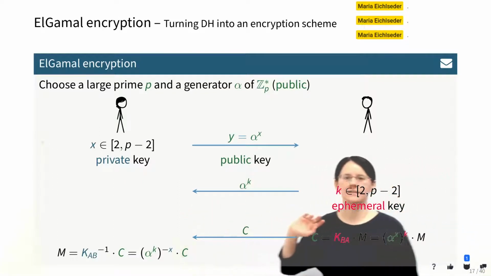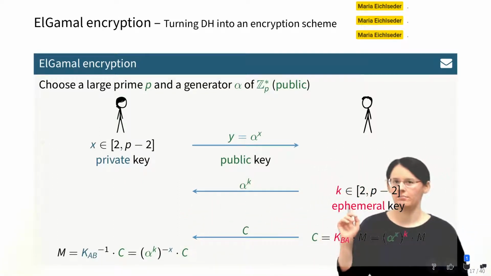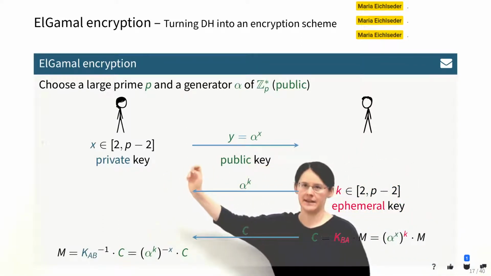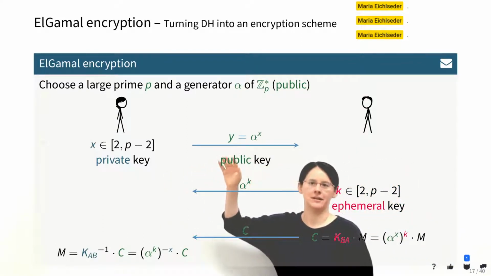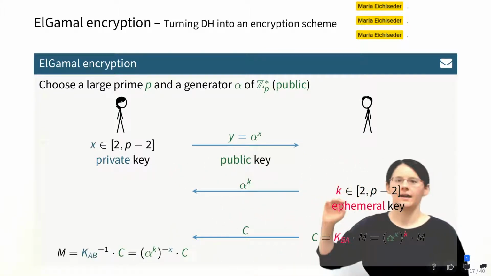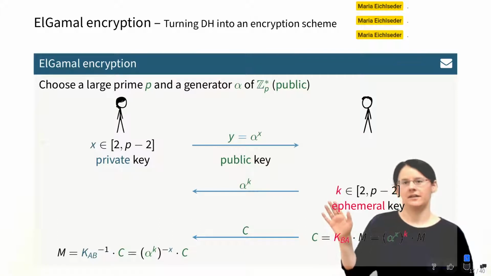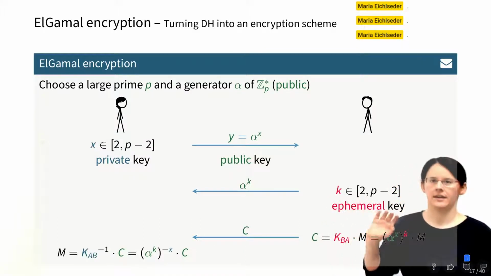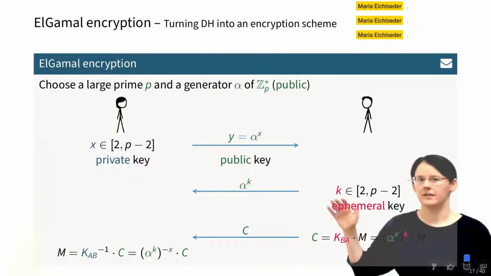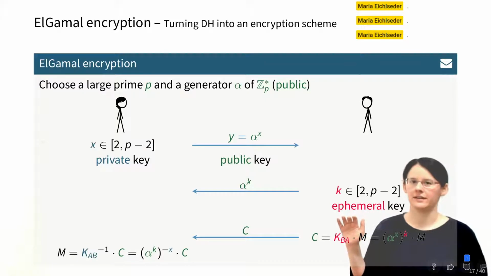If Alice and Bob want to talk to each other, more specifically, if Bob wants to send something to Alice, what Bob needs is Alice's public key, which is constructed the same way as before. Bob also generates his own private key and sends the corresponding public key. However, he doesn't have a long-term private key here. This is only a so-called ephemeral key, so it will be thrown away after one encryption.